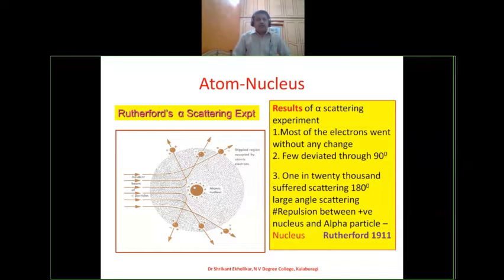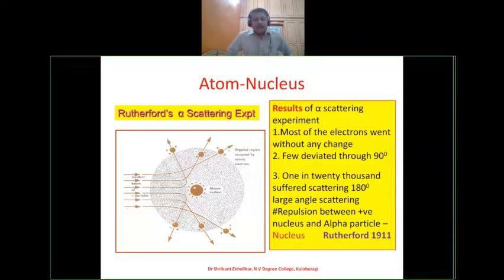So yesterday we started with Rutherford's alpha scattering experiment and its results. There were three important results: the atom has its whole mass concentrated at the center. When a beam of alpha particles is incident on such a structure, many of the alpha particles went straight, which means that there is a lot of empty space.